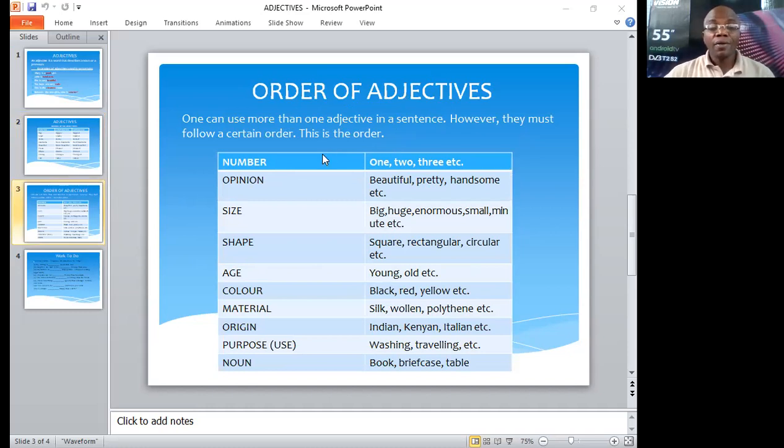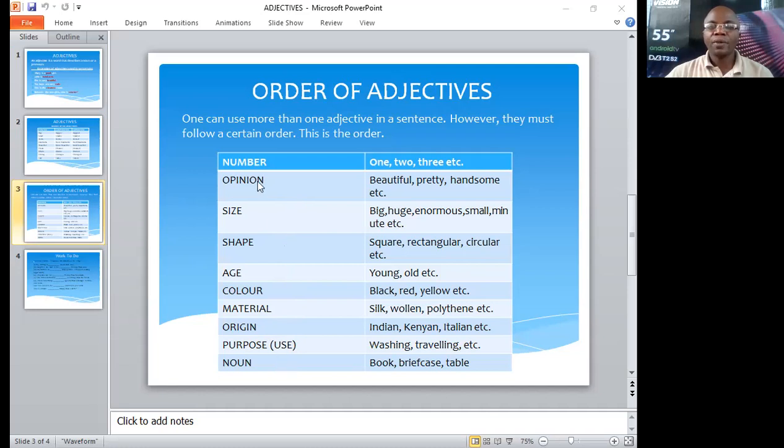We have the number, adjectives of number. We have adjectives of opinion, size, shape, age, color, material, origin, purpose, noun.